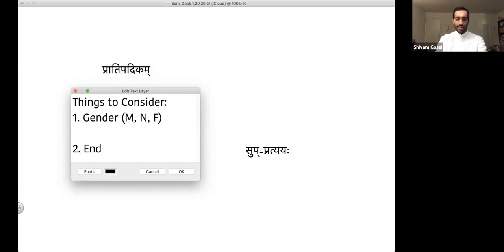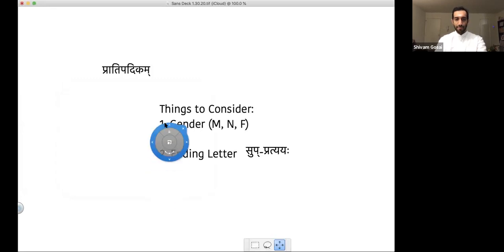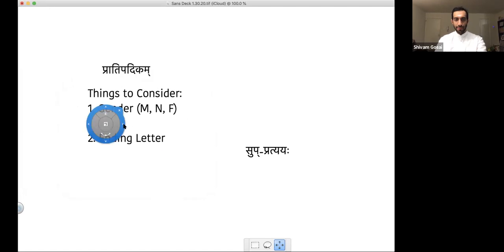And what is the ending letter? Those are some of the things we have to consider when we're looking at the pratipadika. Sometimes the gender is already given, or it takes the gender based on what it's around. If it's an adjective, it takes the gender of the substantive. But some just have gender inherent to that word.